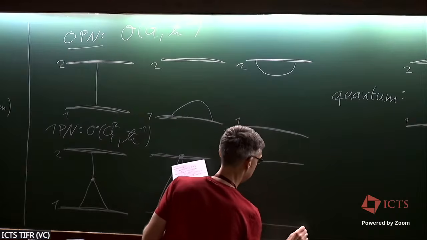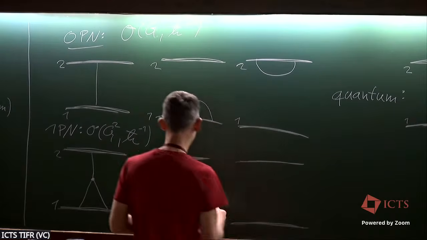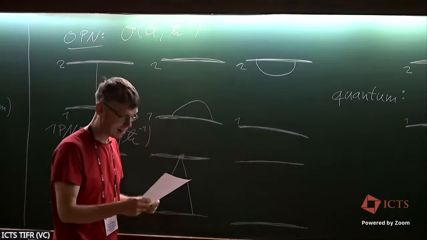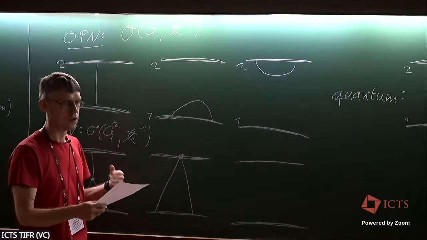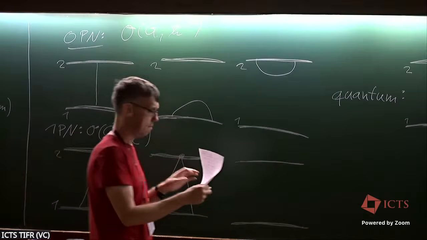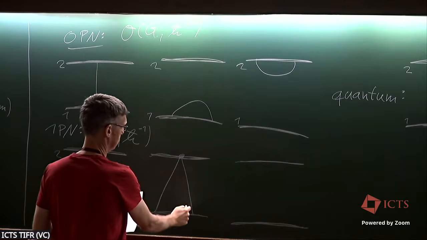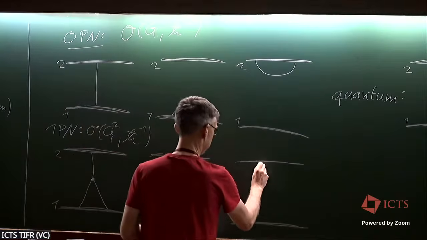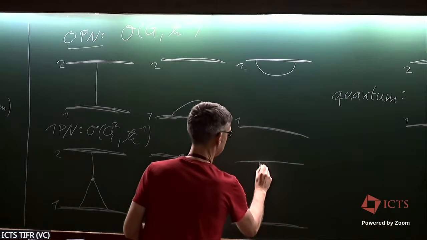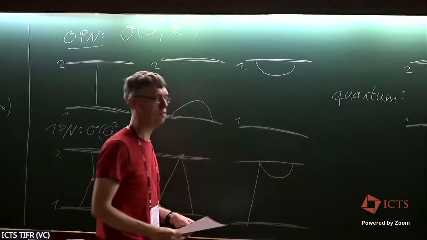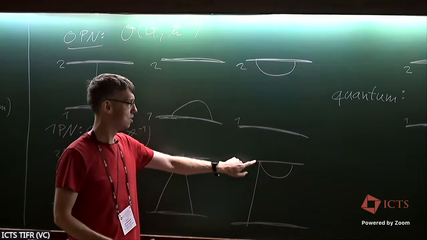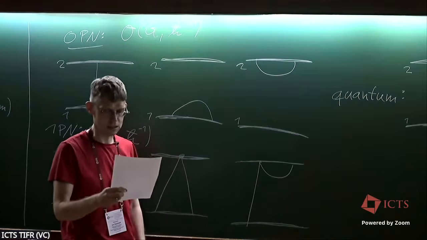Then we have two more diagrams, which again will turn out to be divergent self-interactions, which is if we take this one, but we connect this graviton back to the same world line. So that's a different kind of self-interaction, but again, this world line is interacting with itself.